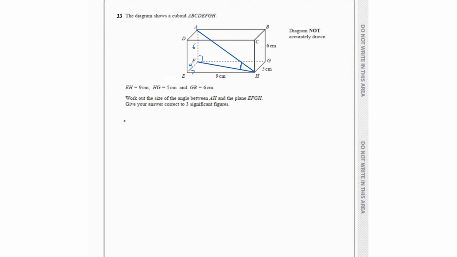So let's first find FH first. So that's the hypotenuse. So FH square equals to 5 square plus 9 square. 25 plus 81.